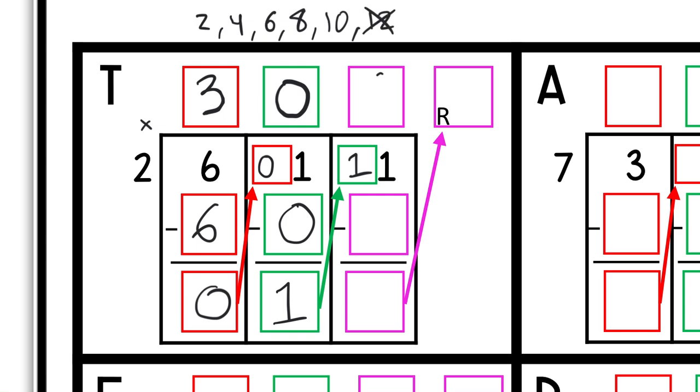So it's going to be 5. I can fit 5 2s in the number 11. 5 times 2 is 10. Step 3, subtract 11 minus 10. That 1 is going to go up as your remainder.